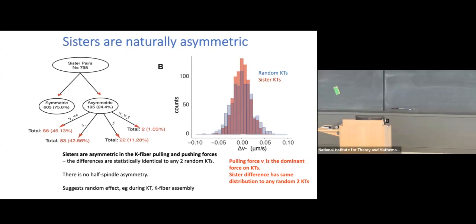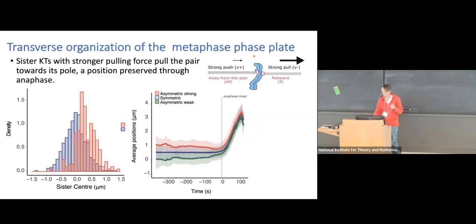One of the pieces of evidence we looked at: you've got pulling force differences between your two sisters. Supposing we just ask if that distribution is any different than for any two random kinetochores, and it's not, it's identical. So it suggests that kinetochores are just variable, meaning kinetochores or the K fiber.